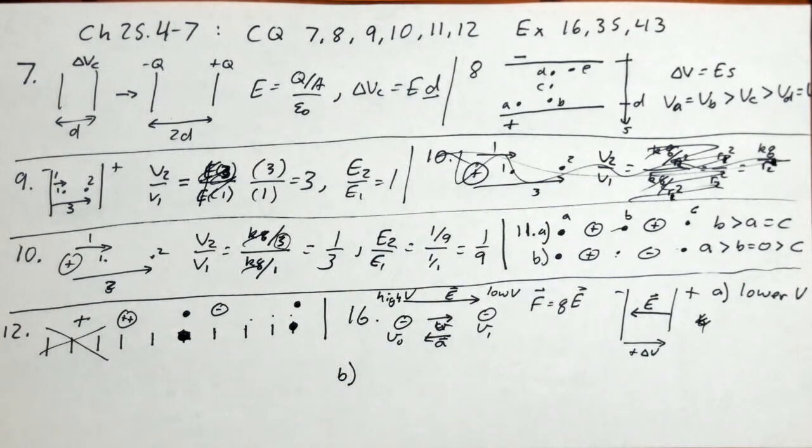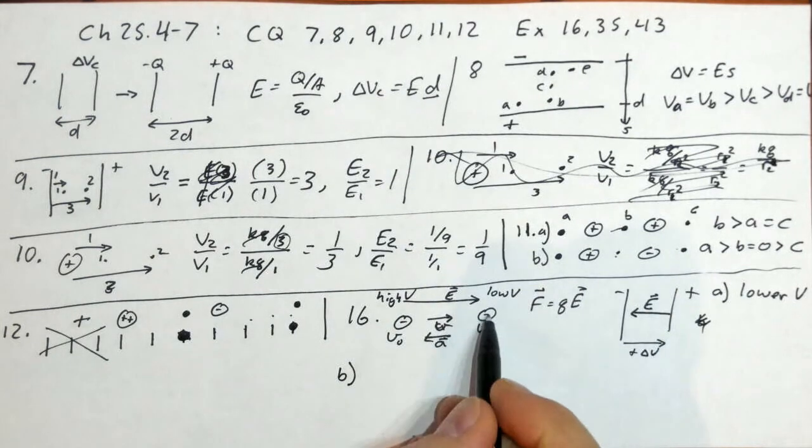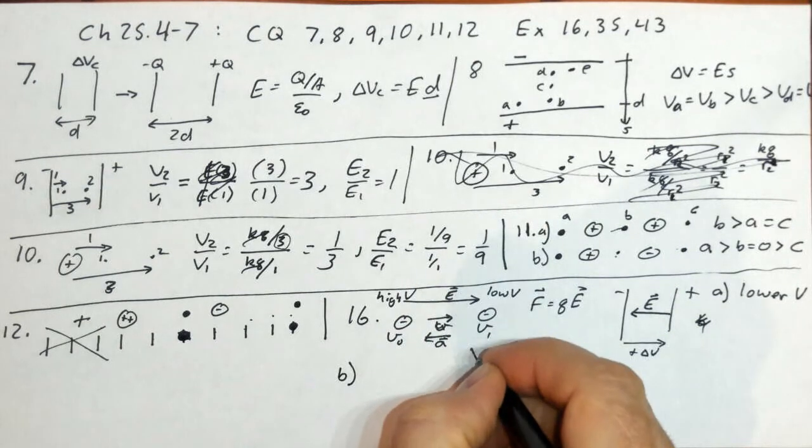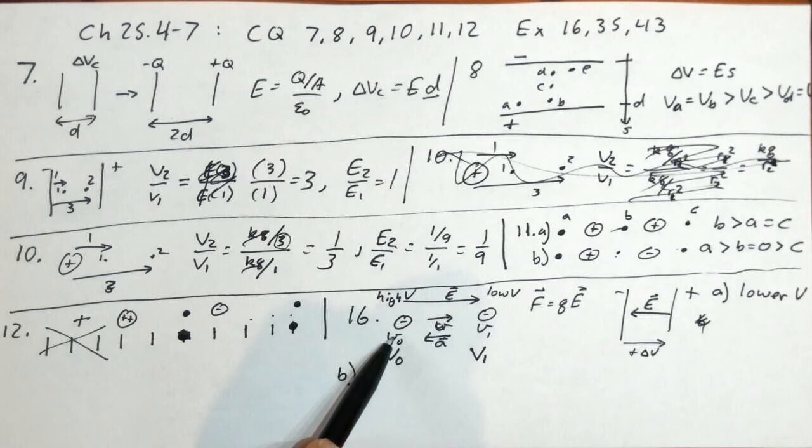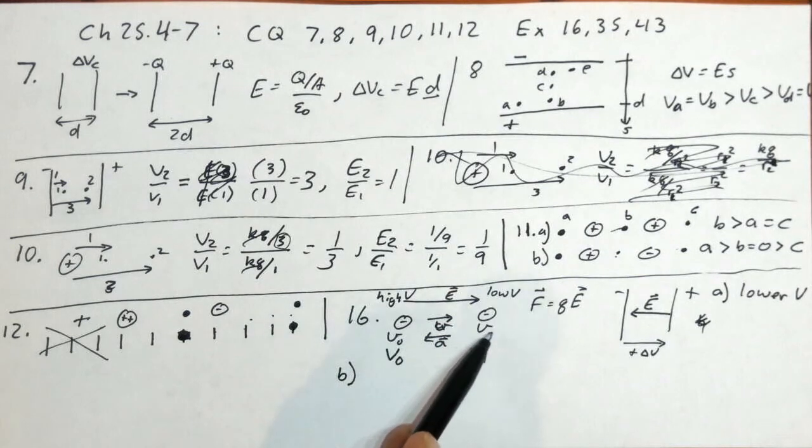B says, what is the potential difference that stopped the electron? So what's the potential difference between here and here? So this minus this. We're going to have V1 and V0. Notice my velocities have a little hook, and my potentials are straight V's.